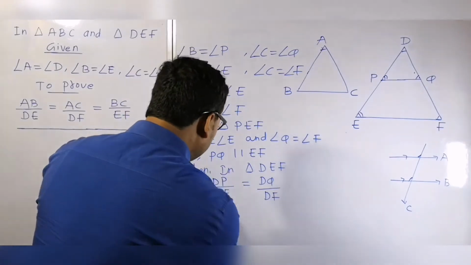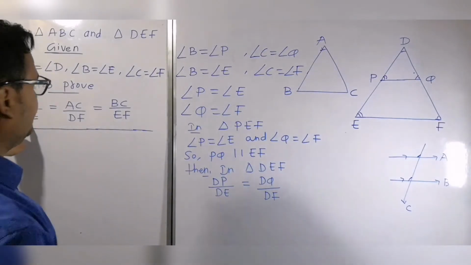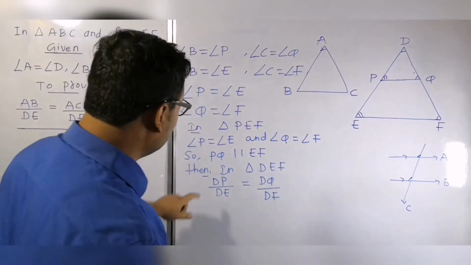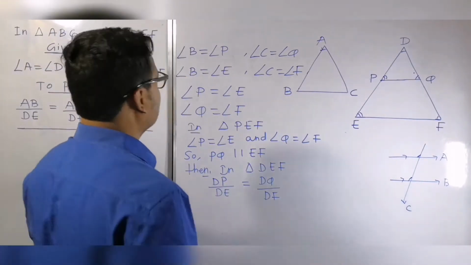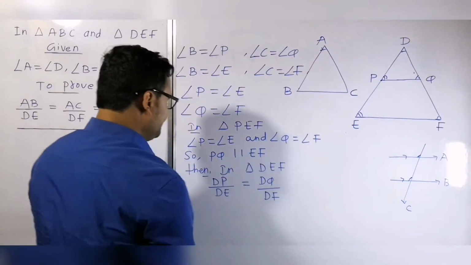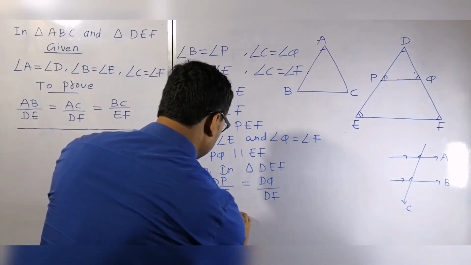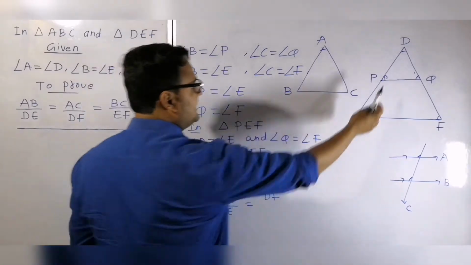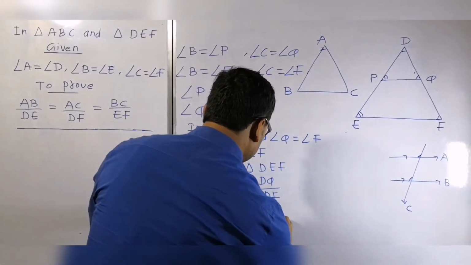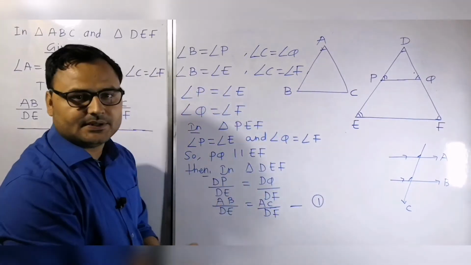So now DP by DE, because I need DE, I need DF, but I don't want DP and DQ. So what we can do, think, by construction in the starting, check your notebook, DP equal AB. So I can write here AB by DE equal, and DQ by construction equal AC, so AC by DF, and this we got as our equation number 1.